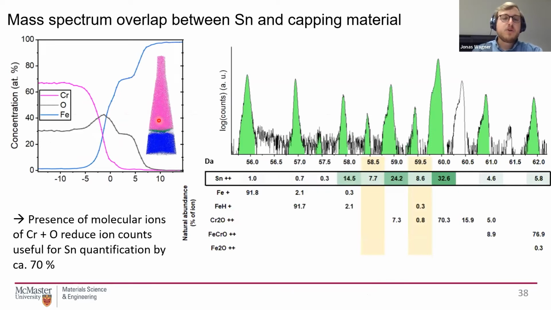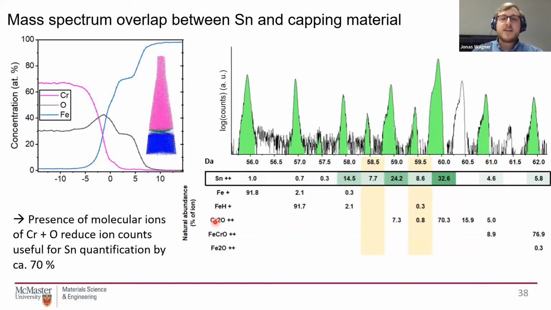But because of the way it was sputter deposited, and we know chromium is easily oxidized, I ended up having a lot of residual oxygen in my cap, which usually is not such a big problem. It still ran well, but because I had the oxygen, I acquired it in laser pulse mode, which also promotes the generation of those molecular ions.